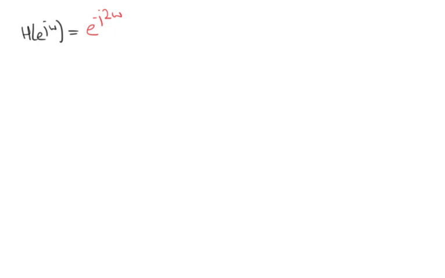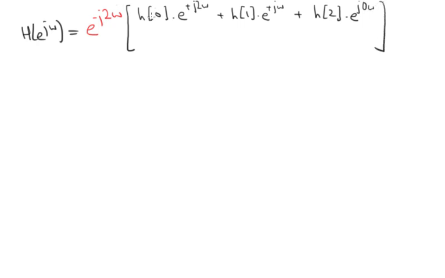I am taking it common, and the remaining terms will be h of 0 into e raised to power plus j 2 omega, plus h of 1 into e raised to power plus j omega, plus h of 2 into e raised to power j 0 omega, plus h of 3 into e raised to power minus j omega, plus h of 4 into e raised to power minus 2 j omega.